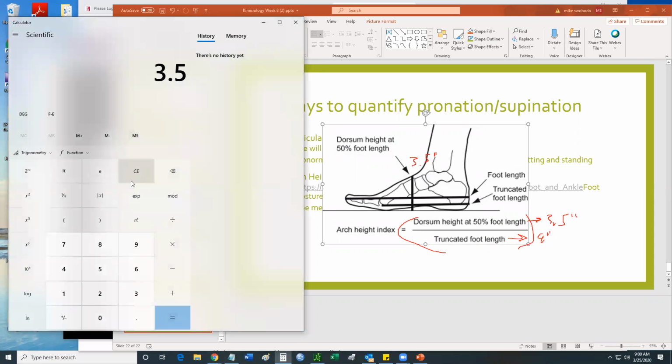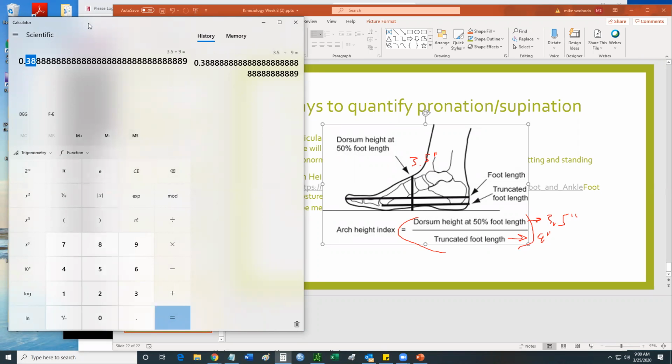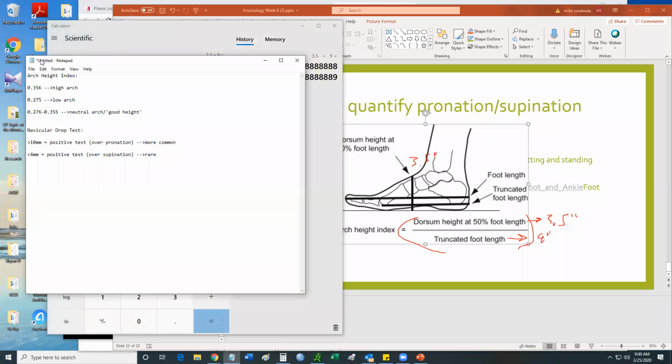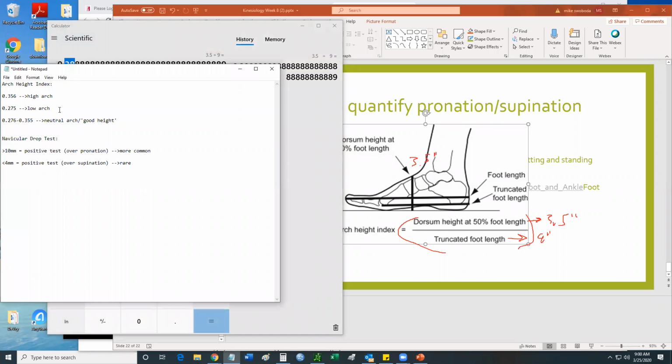So if I take 3.5 divided by 9, that gives me 0.38, which doesn't seem to be correct. Probably because my measurements were off there. But this is actually saying I have a high arch, which clearly I don't. So this just kind of means that perhaps my measurements were off.